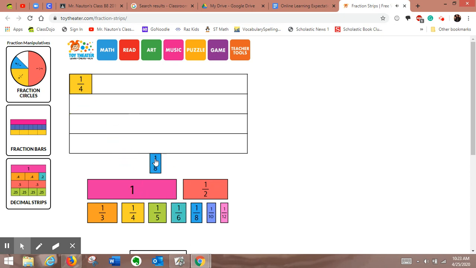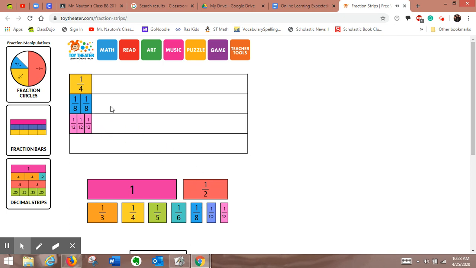Let's see. Let's try 1/8 up here. 1/8. They are the same. So we can say 1/4 is equivalent to 2/8. 1/4 is equal to 2/8. Let's try another one up here too. See if we'll find something that matches.